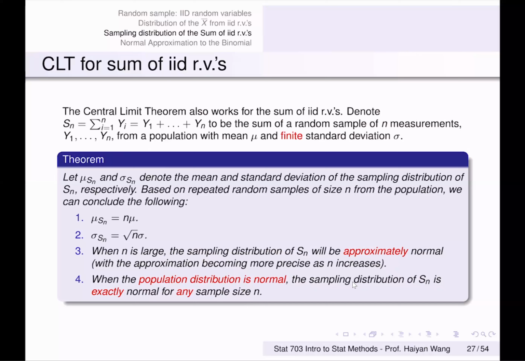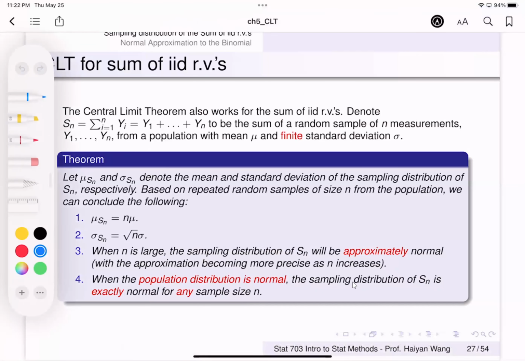In other words, if you're given the condition that the observed data y1, y2 up to yn seem reasonable to be from a normal distribution, then when you have different samples collected and compute the sum of these yi's, the sum will have exactly a normal distribution.